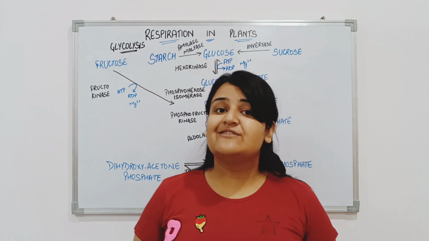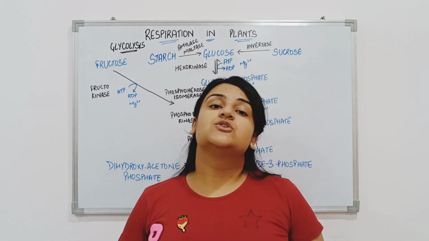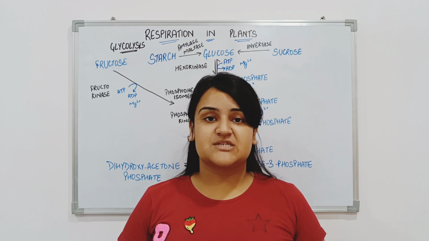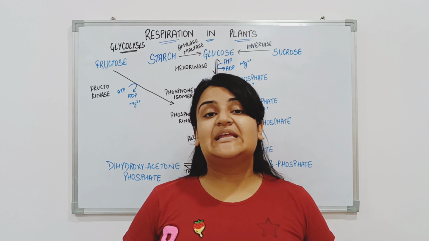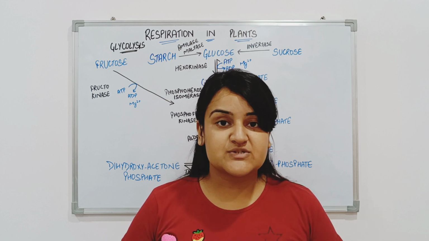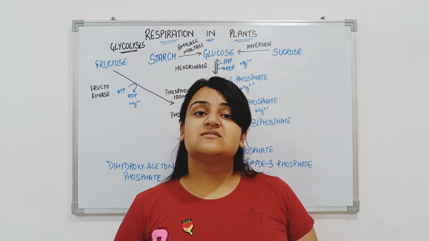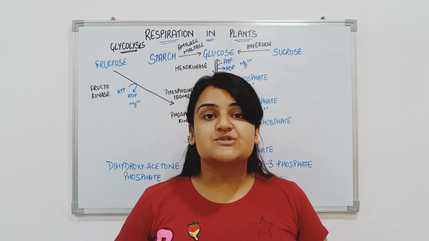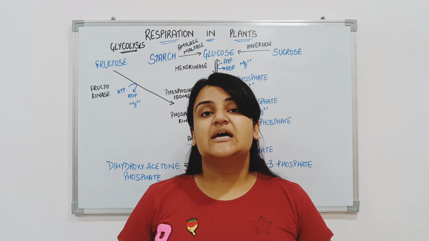On the other hand, if we talk about proteins, fats and organic acids, those can be used as respiratory substrates, right? Now ATP, we know ATP, that is adenosine triphosphate, is the energy currency of the cell. ATP is produced by the reaction called glycolysis that we are going to discuss.